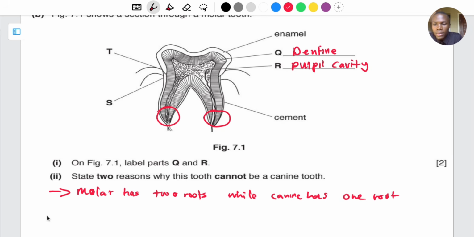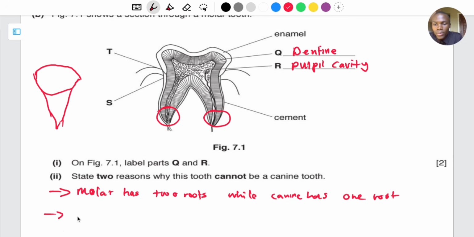Apart from that one, we can also talk about the structure of the enamel, like the way the incisor was looking. Let me just draw a rough sketch of a canine. This is the structure of the canine. As you can see, the way the enamel is structured, it is very small compared to the molar.